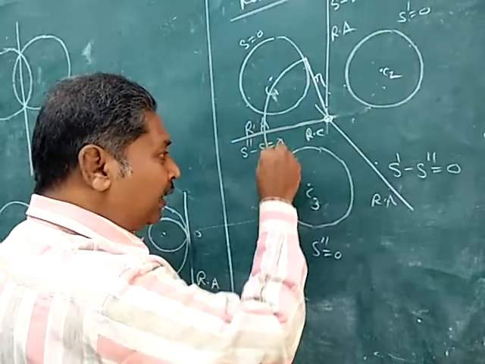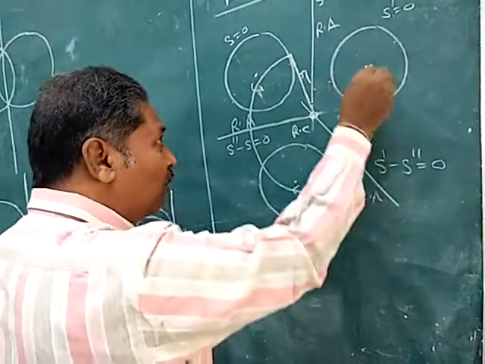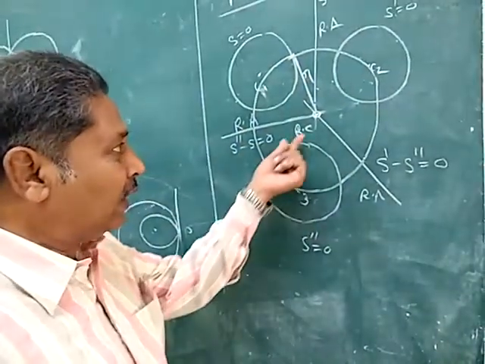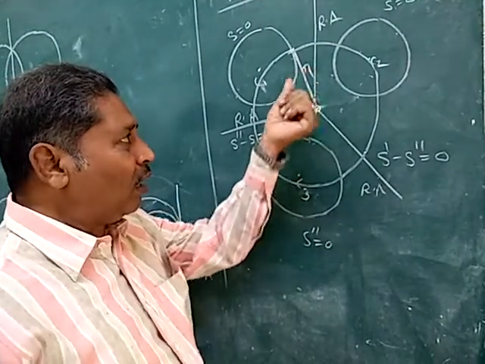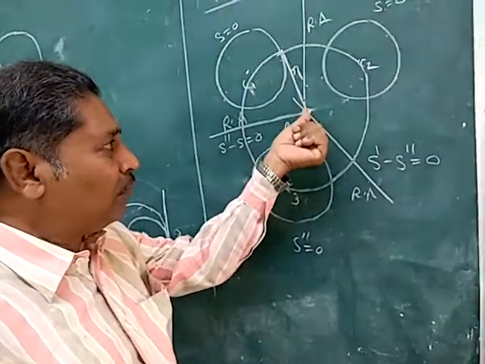Then construct a circle with RC as center and this length as radius.